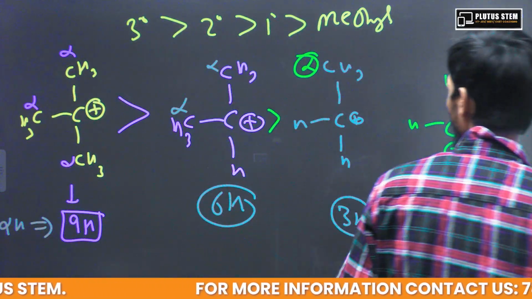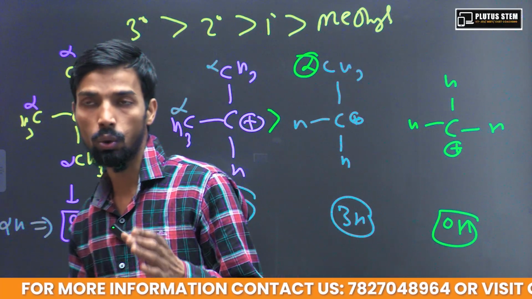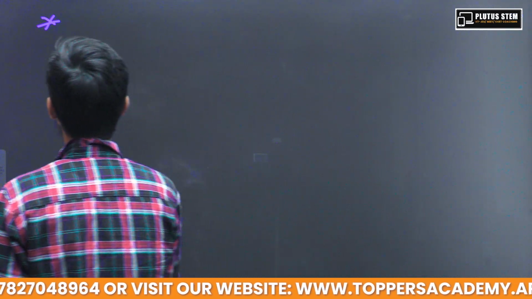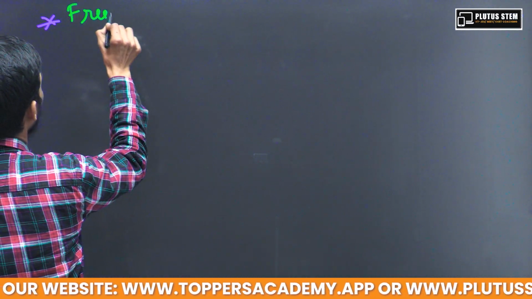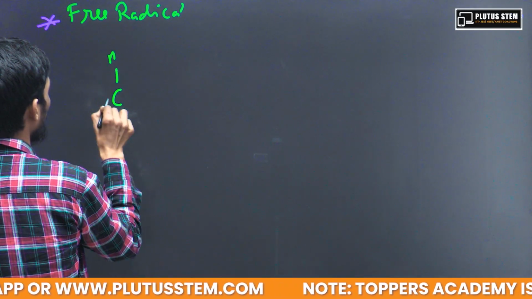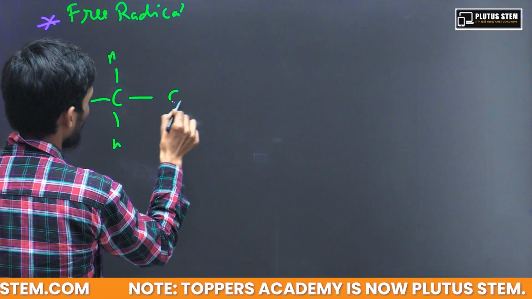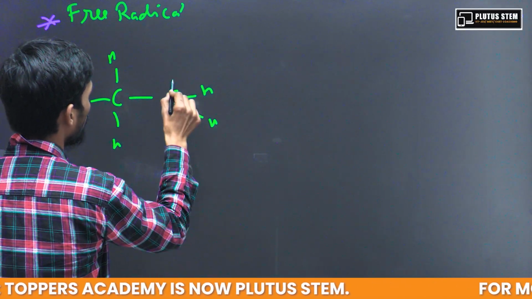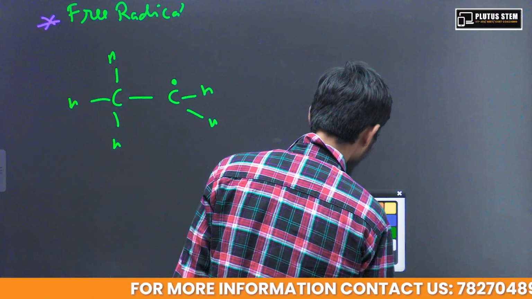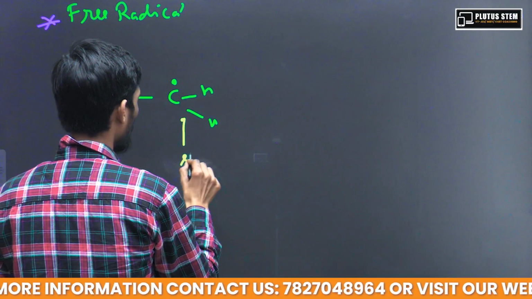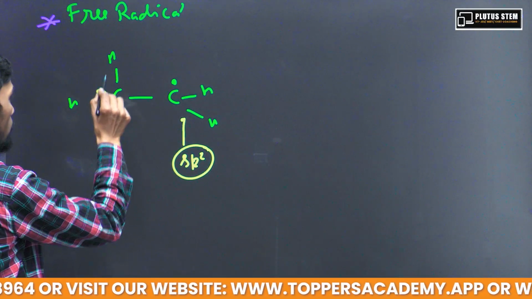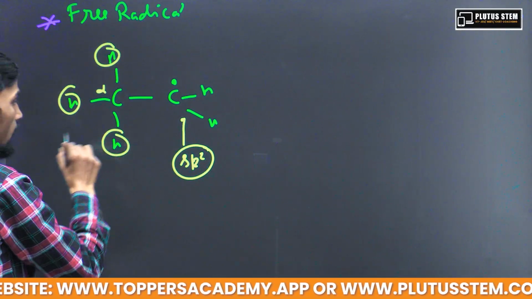So I hope this is clear, and this phenomenon is not only restricted to this carbocation. This can also be shown for the free radical. CH3 CH2. This free radical is present, and generally we know that a free radical is also sp2 hybridized, and with respect to this sp2 hybridized carbon, the alpha carbon is this one. So over here 3 hydrogen are present.